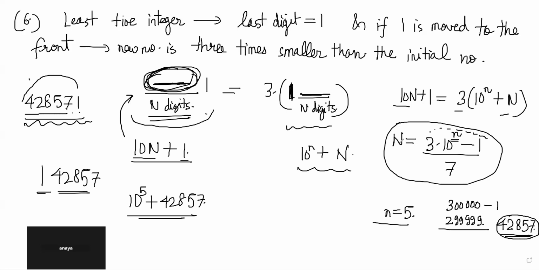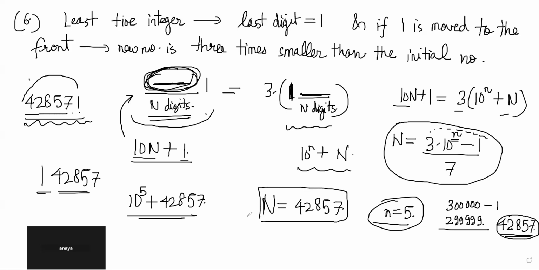Right. So when n is 5, capital N becomes 42857, right? Right. So our initial number is 42857 and 1. Yes. Do you understand? Yeah.